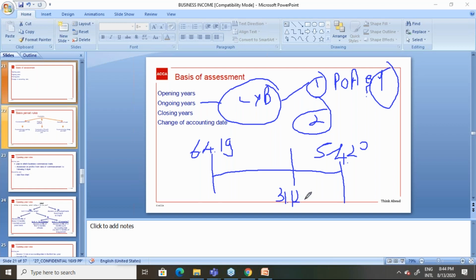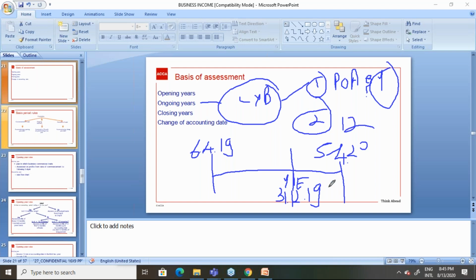And if you are preparing accounts for the year ended, that means you are preparing accounts for a 12 month period. So here, the period of account is ending in the tax year 2019-20, so the answer is yes. And how long is the period of account? Exactly 12 months.